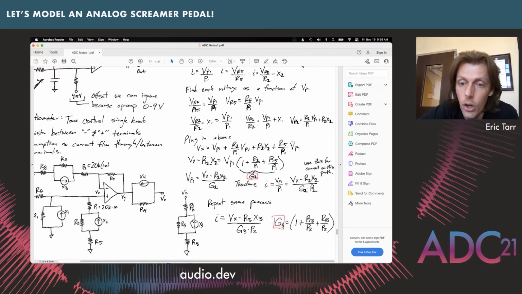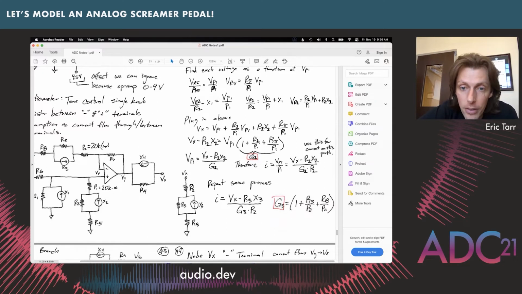Okay, so we solve for VP1 and we'll write this gain along the way, gain of 2, or this G2 right here, that then we divide off to the other side, and we now have VP1 equals Vx minus R2 over X2, or multiplied by X2 over G2. And now that we have VP1, we can plug that back in for our current and divide it by P1.